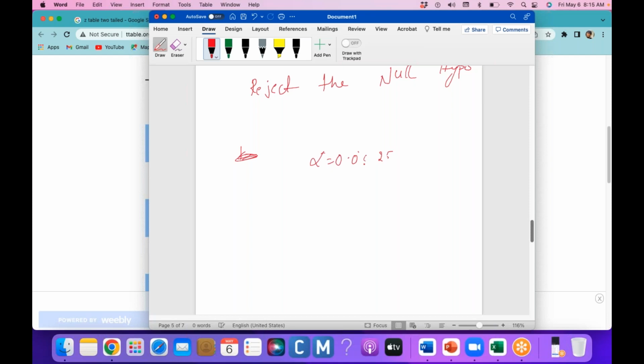Alpha value is 0.05, and we are applying the two tail test. When it is the two tail test, the degree of freedom is 24. So with these two values we can check the t critical value. If the t critical value is far less than the t value, then reject the null hypothesis.